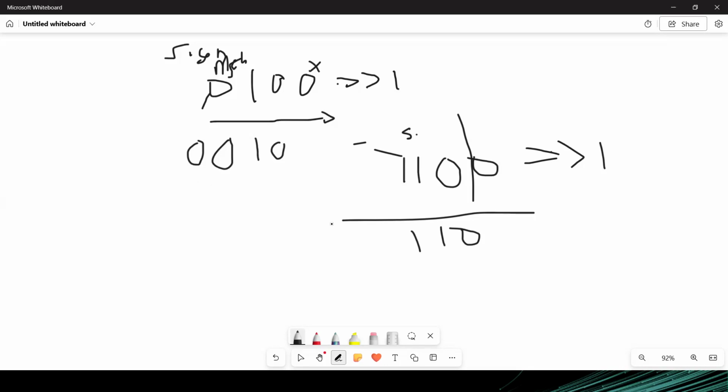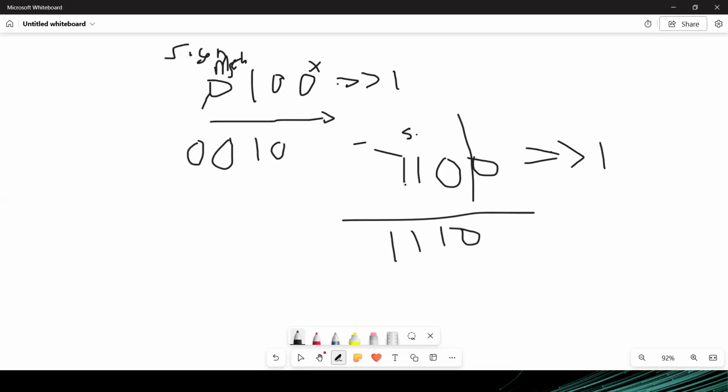We are not going to add 0, we'll add 1. So please understand the differences. If you're working with unsigned integers, you don't need to bother about the sign because you just fill in with zeros. But when you're working with signed integers, you have to make sure that the sign bit is maintained. So here that we shifted, this is a positive number, so we could add zeros.